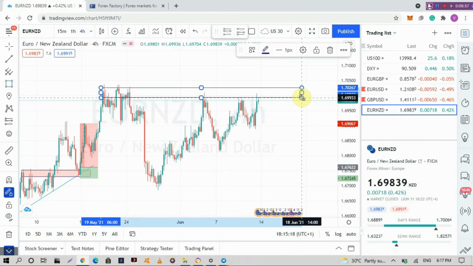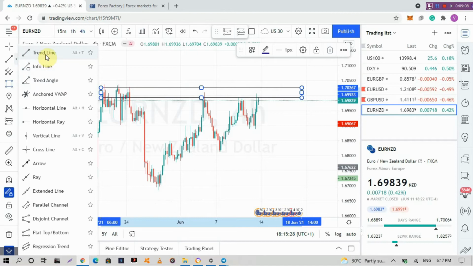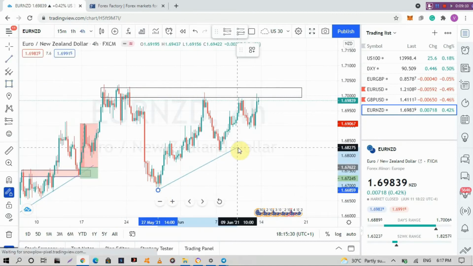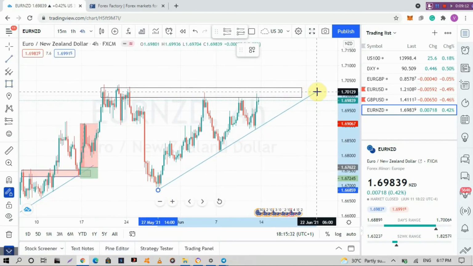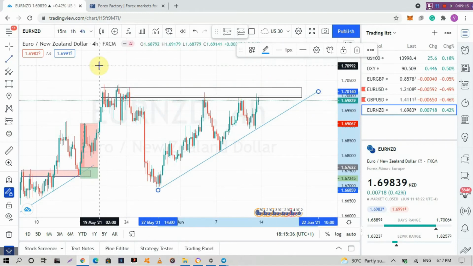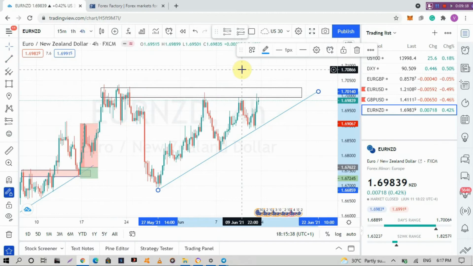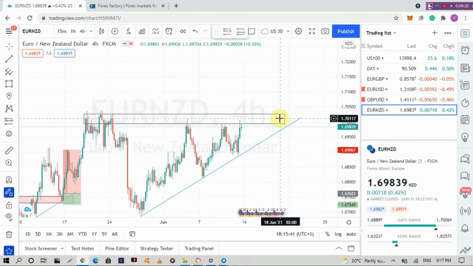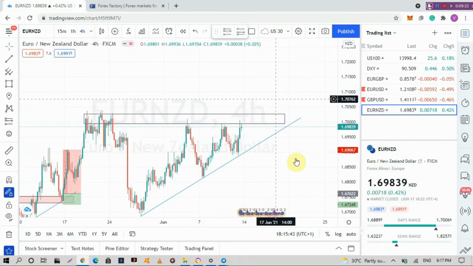There's a high and another high here. So price is making consistent highs into that resistance. There's also a trend line, so this is definitely an ascending triangle. An ascending triangle is a bilateral pattern, meaning that price could either break upwards or break downwards.